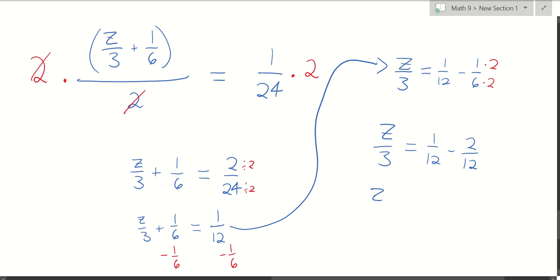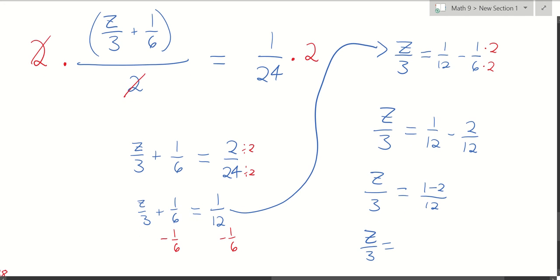And we can collect those numerators now under a common denominator because both denominators are the same. So z over 3 equals 1 minus 2 over 12, which is negative 1 over 12.